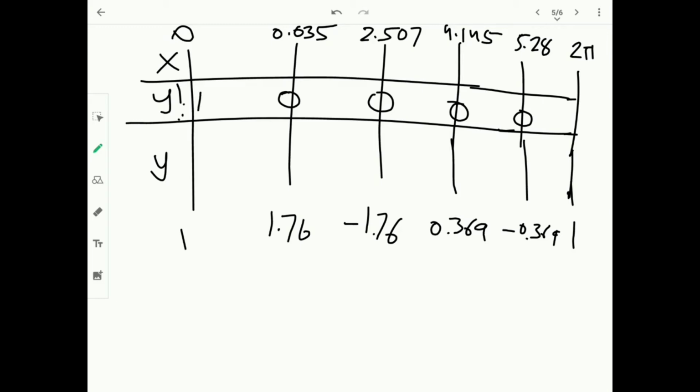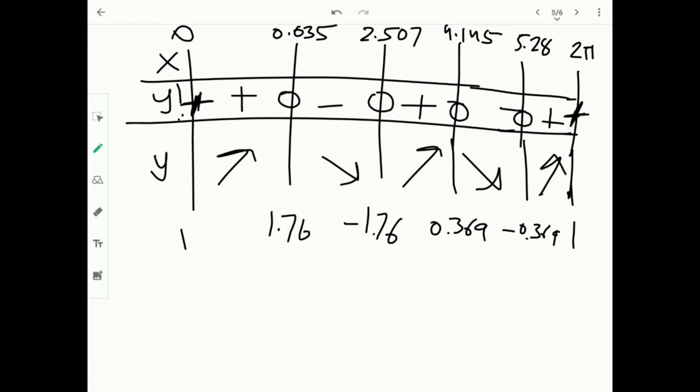So here it's positive. And here it's negative. So during 2 pi it's going up, and during 0 is also going up. Now this is plus, this is minus, this is plus, this is minus, and this is also a plus. So it's going up, down, up, down, up, right?